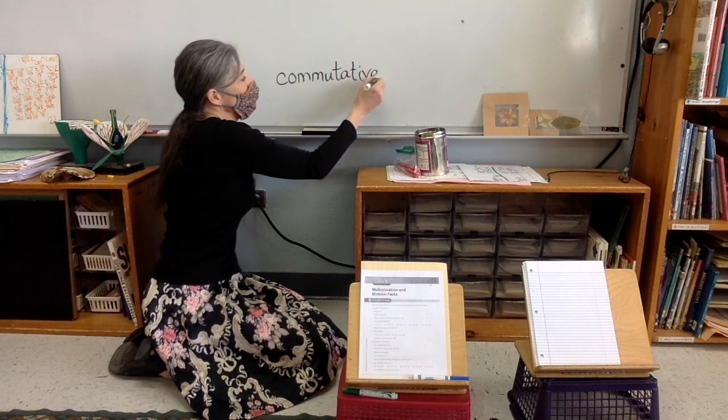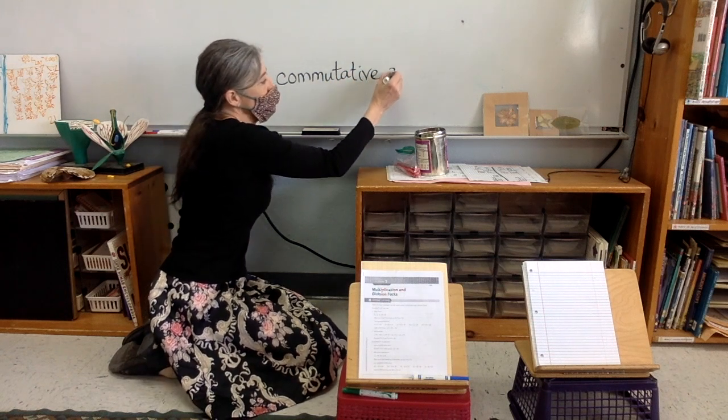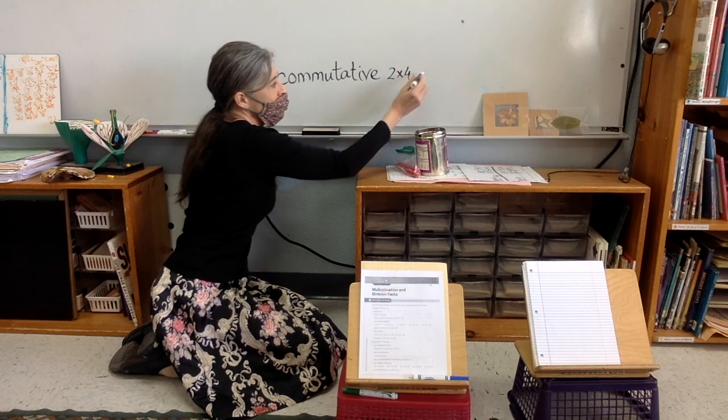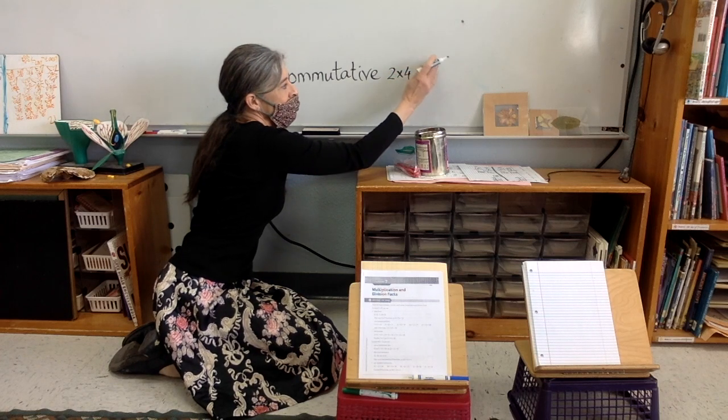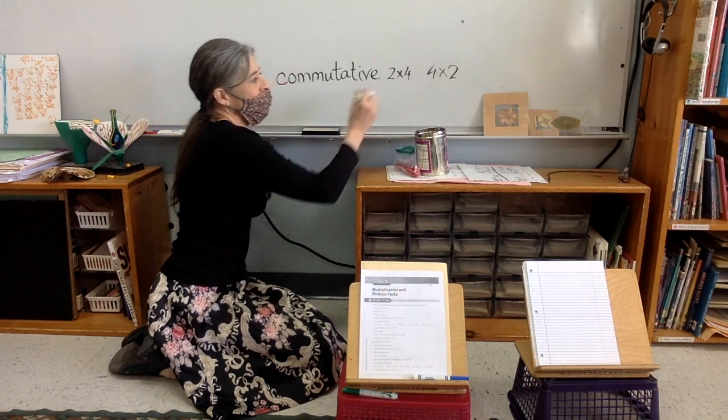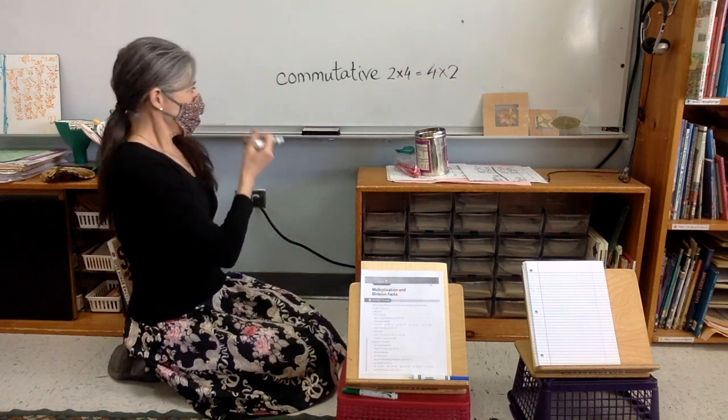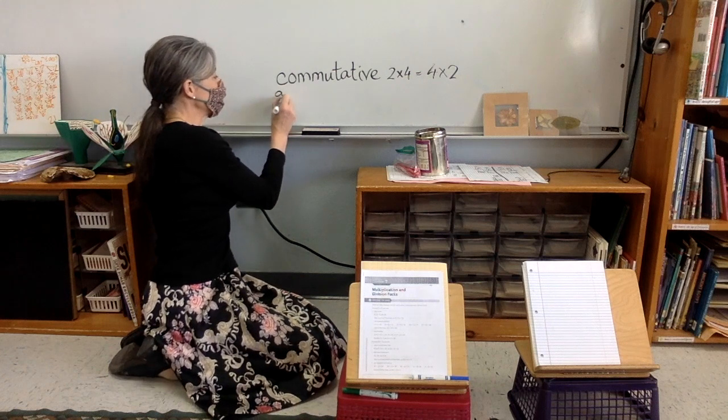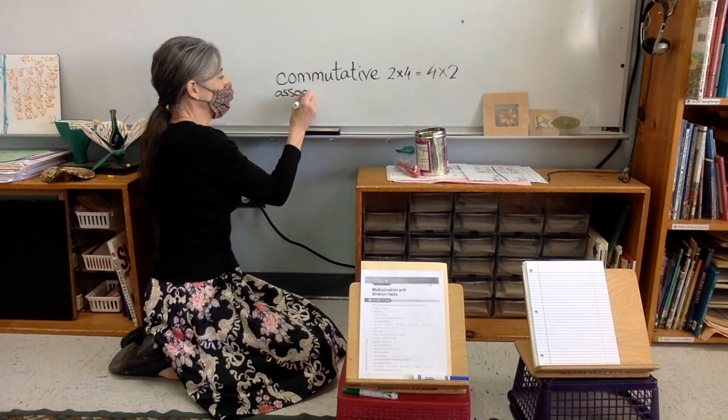Commutative was if you say 2 times 4, right? It's the same as 4 times 2. Okay? That's commutative. Associative, do you guys remember? It's who's associating with who.